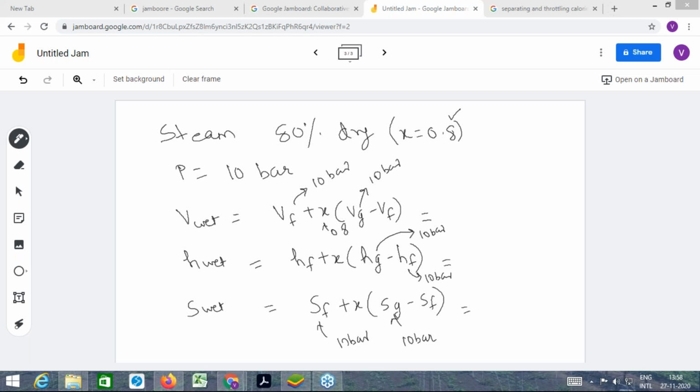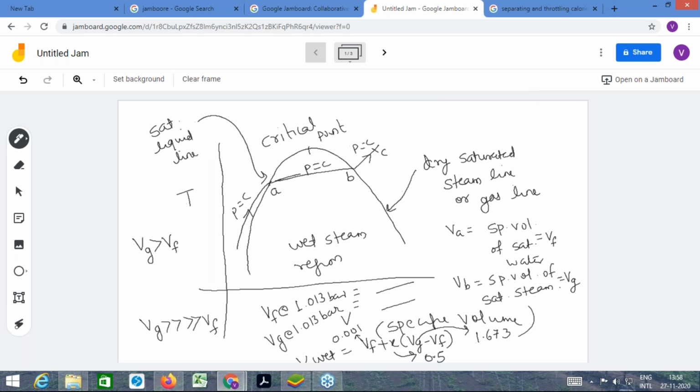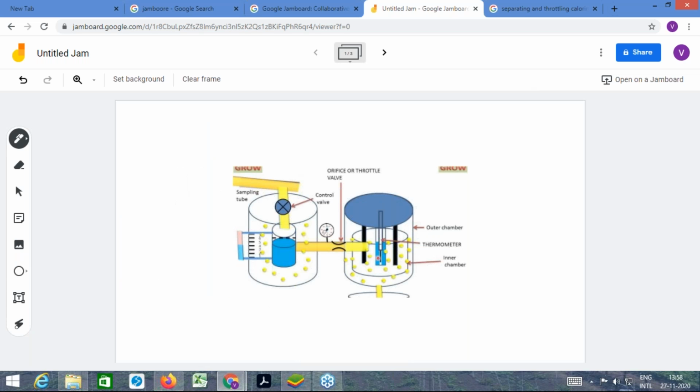So just have a look at the figure of the separating and throttling calorimeter. In your practicals also you have that experiment to be performed. Hopefully the lockdown ends and we would be physically in a position to perform this experiment. The diagram in front of you is the diagram of a separating and throttling calorimeter.